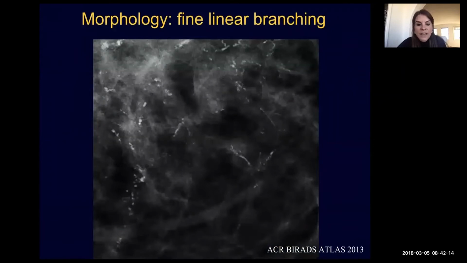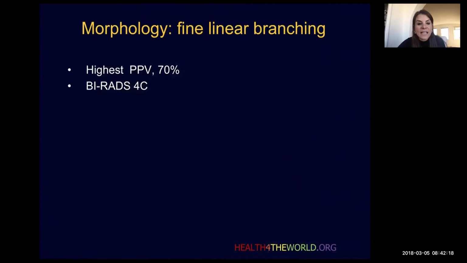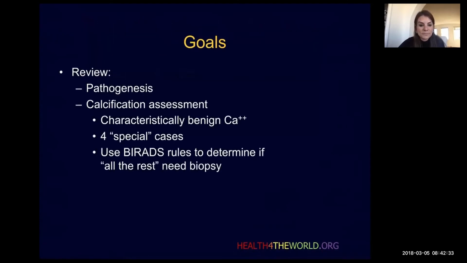Another example of fine linear calcifications, a very suspicious finding. They have the highest PPV of malignancy of 70%, therefore a BI-RADS 4C, the highest probability of malignancy of all the morphologies of breast calcifications. So very important to recognize that type of calcifications.